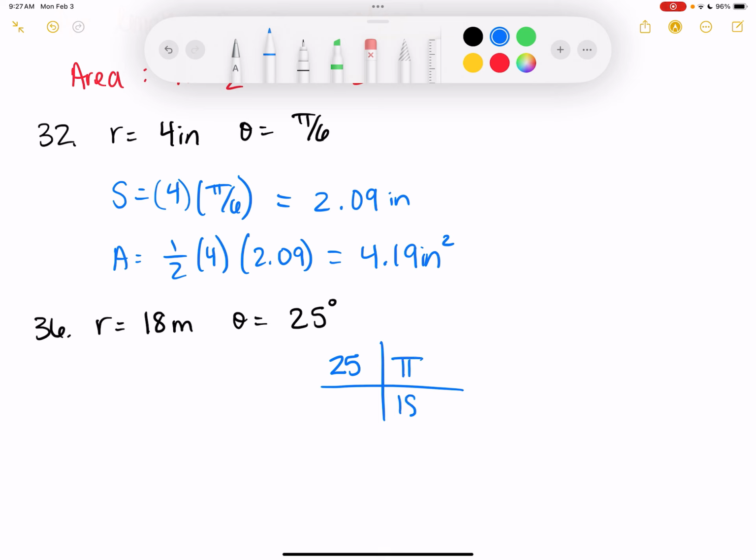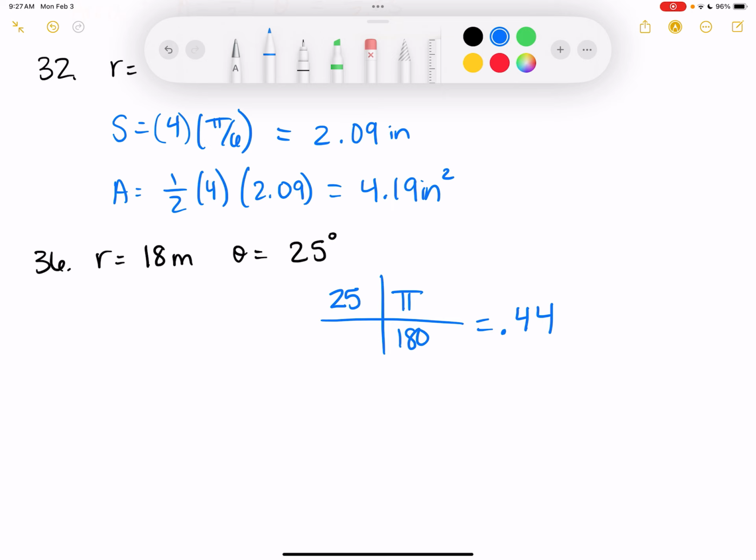Yep, pi over 180. Normally we just reduce these things and keep it in terms of pi, but if you want to go ahead and get a decimal, since ultimately we're going to be multiplying it through and getting a decimal like we did up here, that's fine too, however you want to do it. So when I do that, just as a decimal, this is 0.44.